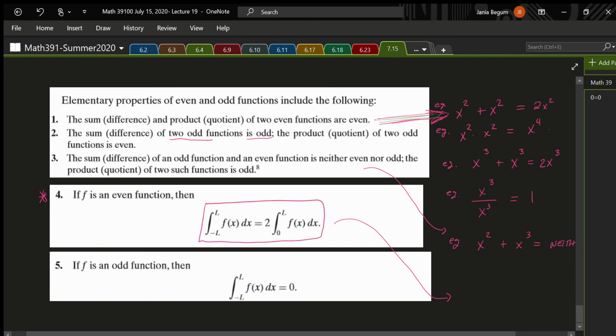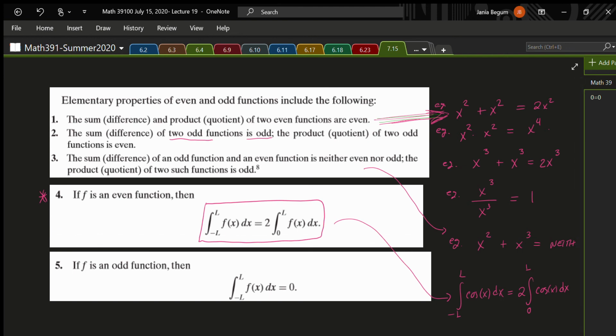So if you're integrating negative L to L of cosine of x dx, you can do 2 times the integral from 0 to L of cosine of x dx. So that once you evaluate this integral from the lower limit and the upper limit, you don't have to worry about a negative value. You can just go from 0 to whatever the L value is.